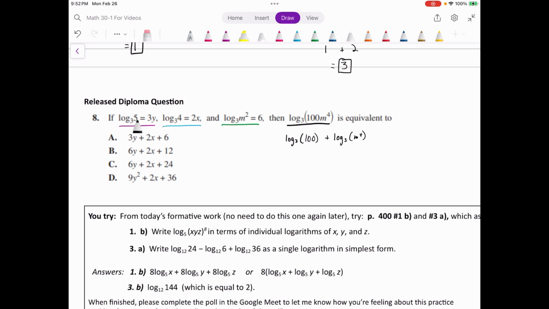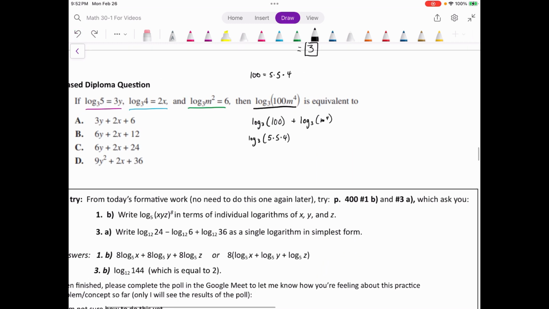Well, 5 times 5 would be 25, and 25 times 4 would be 100. So 100 is really just 5 times 5, 25, times 4. So let's do that. Log base 3 of 5 times 5 times 4, right? Not breaking any rules. 100 is 5 times 5 times 4.